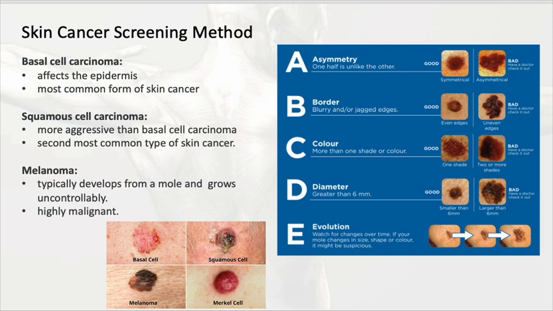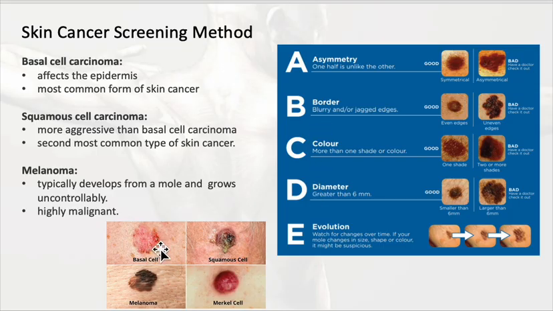So the stratum basale, that basal layer of the epidermis, if those cells become mutated, this is called basal cell carcinoma, and it will appear like this. It'll be visible and erupt at the surface of the skin, and it's the most common form of skin cancer. We can see many of these facets of detecting a cancerous mole in this particular mole, right?